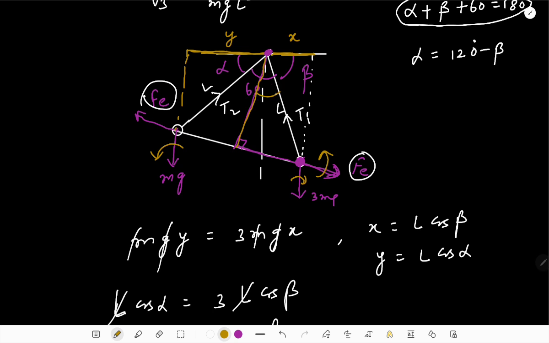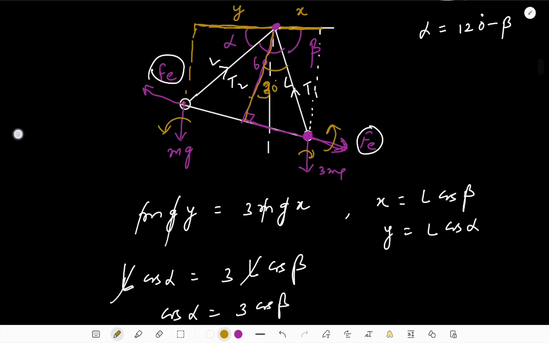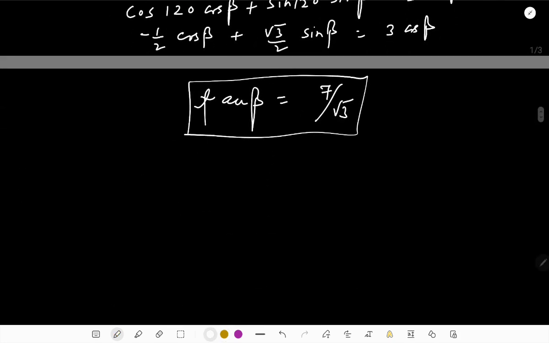And I know for sure that this angle is equal to 30 degrees, because it is still an equilateral triangle, nothing has changed, and its moment arm is L cos 30 degrees. So I'm ready to write the moment equation for mass 3mg now, and this will be simply 3mgx equal to electrostatic force multiplied by L cos 30 degrees, its moment arm.